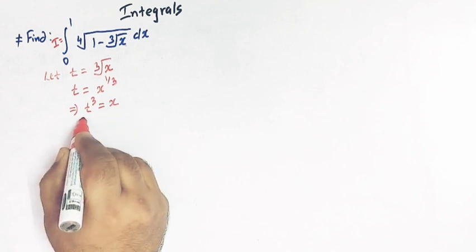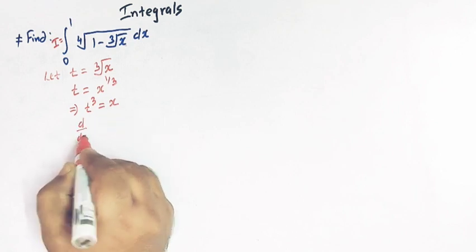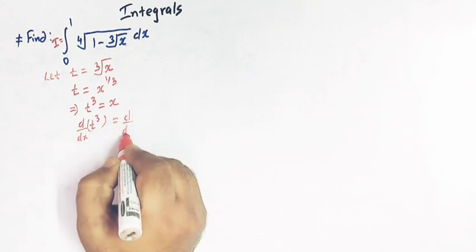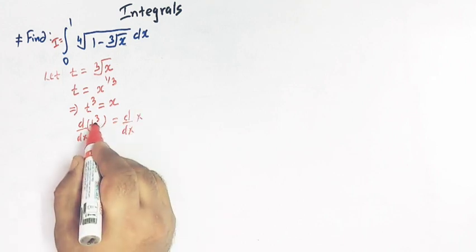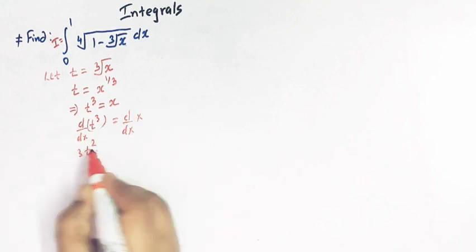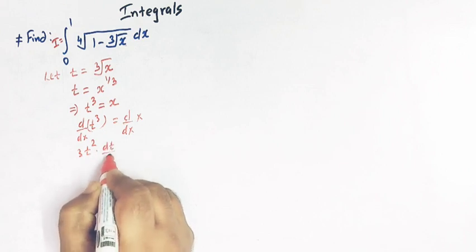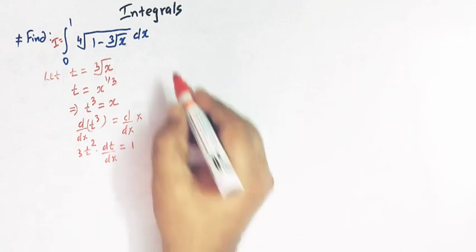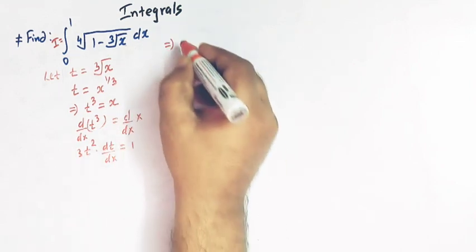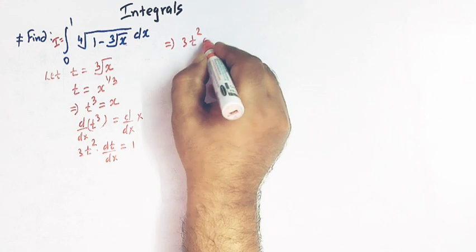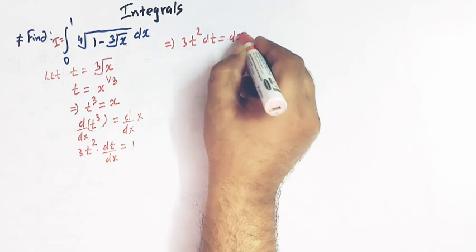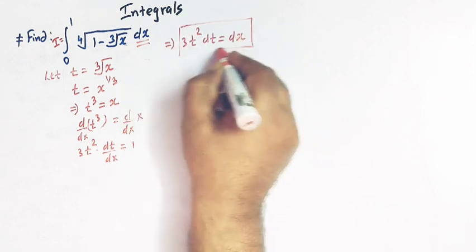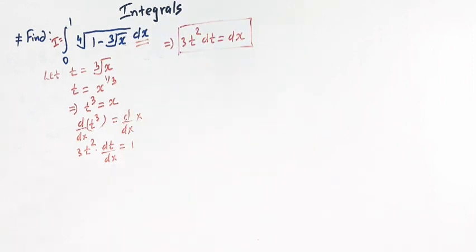We have d by dx of t cube, and d by dx of x. So we have 3t square dt over dx, and the derivative of x with respect to x is 1. So now we have 3t square dt equal to dx. So for dx we have 3t square dt.